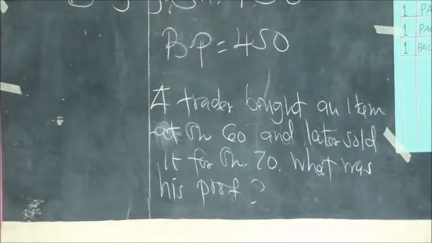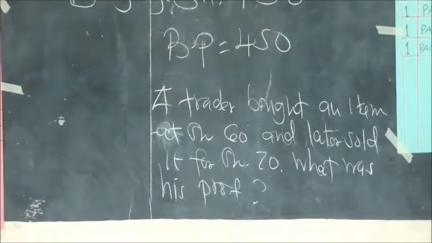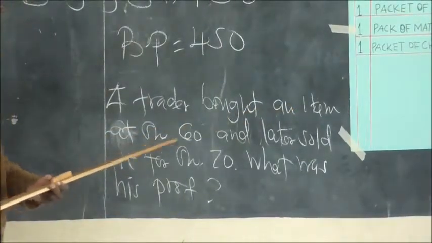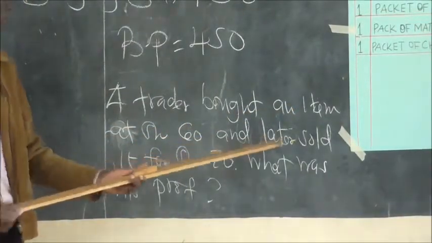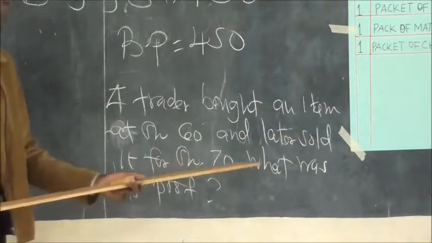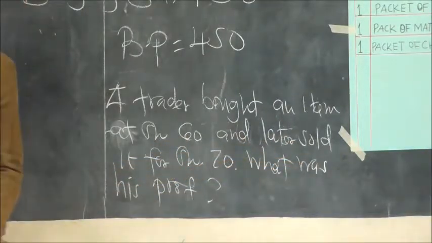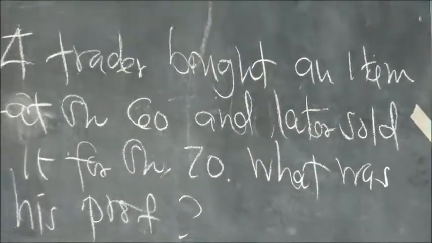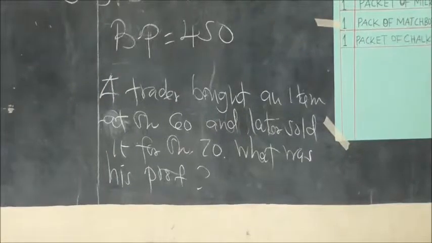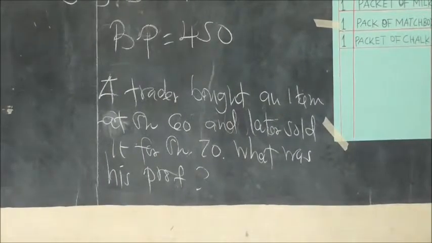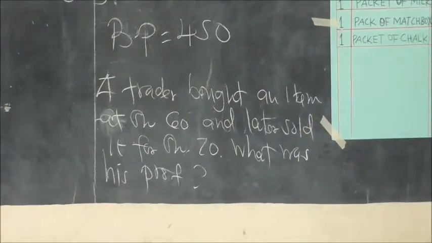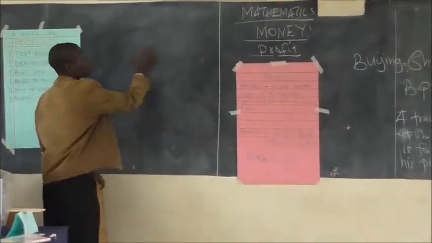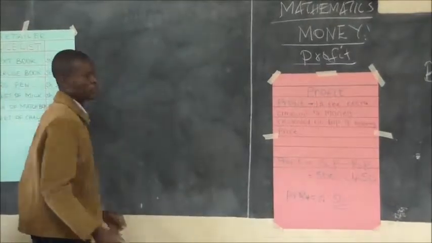So that's the question. Here we are told a trader bought an item at 60 shillings and later sold it for 70 shillings. What was his profit? So we are supposed to calculate the profit that was made by the trader after buying and selling the item. I'll give you at least 2 minutes to solve the problem before we confirm the answers together.